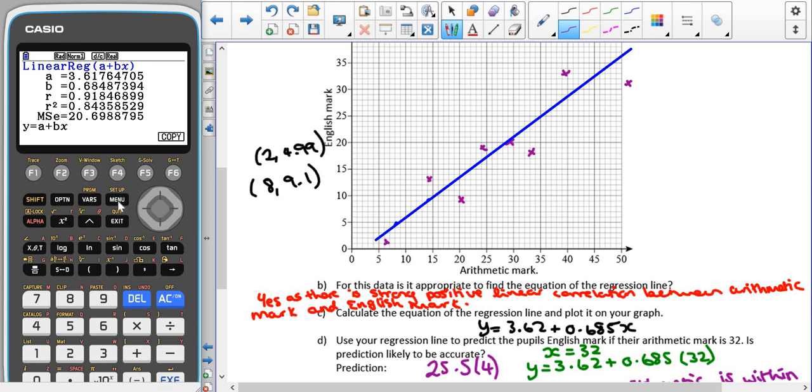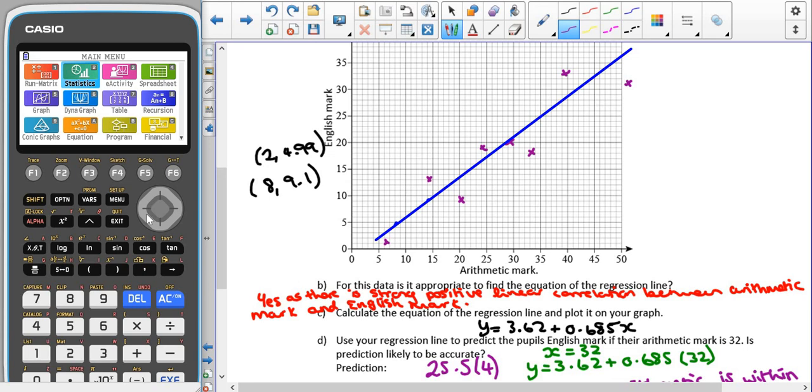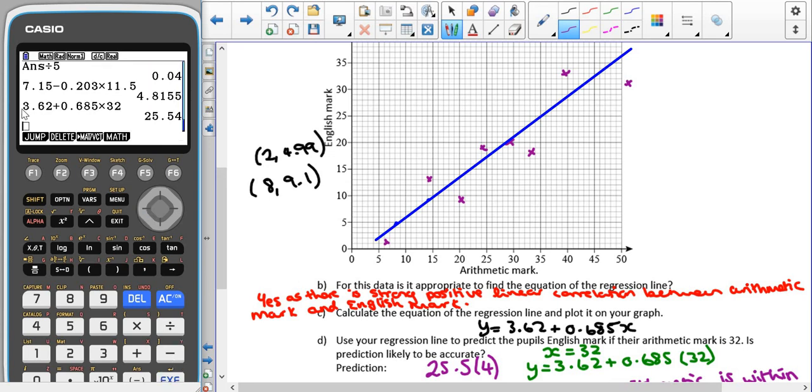So again, that means that x is 32 because arithmetic mark is along the x-axis. So then in the normal part of our calculator, we type in 3.62 plus 0.685 times 32, and we should have 25.5 to 3 significant figures. So we don't need that 4 there, sorry.